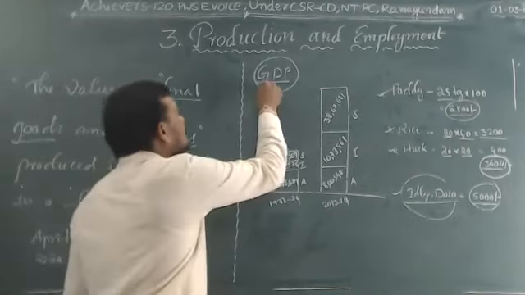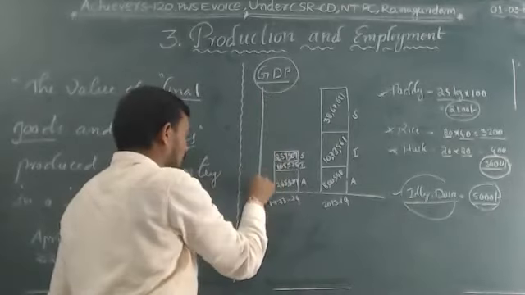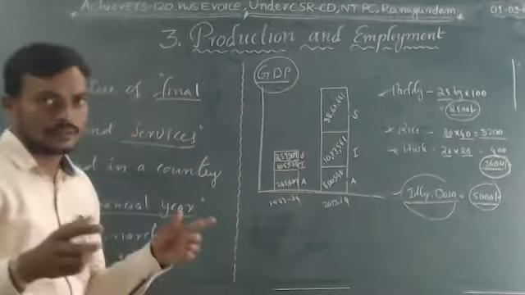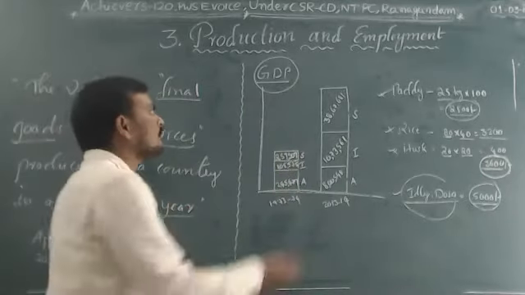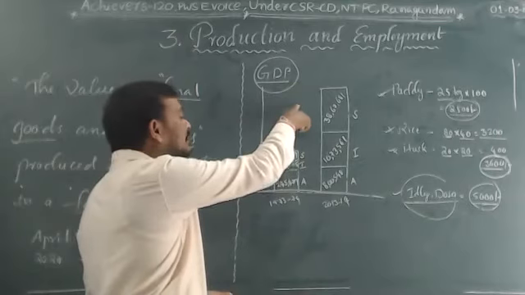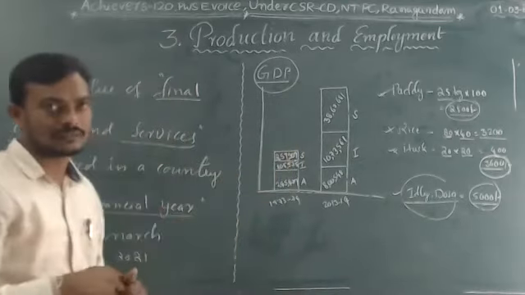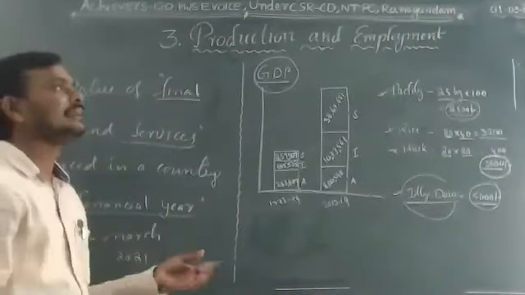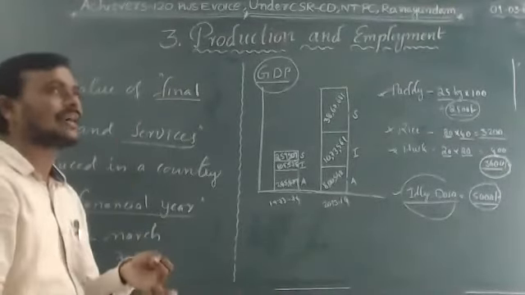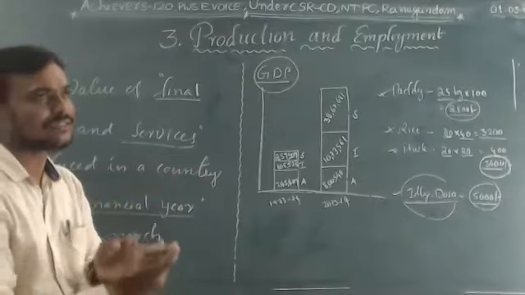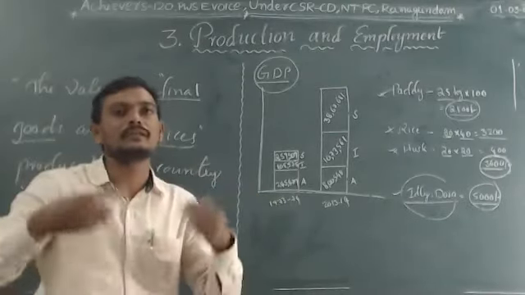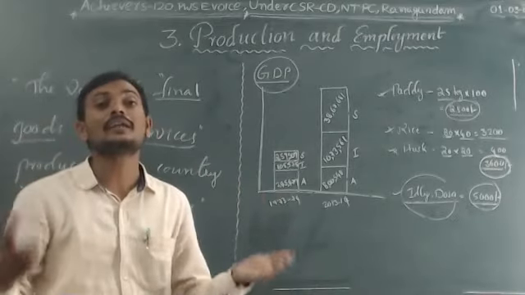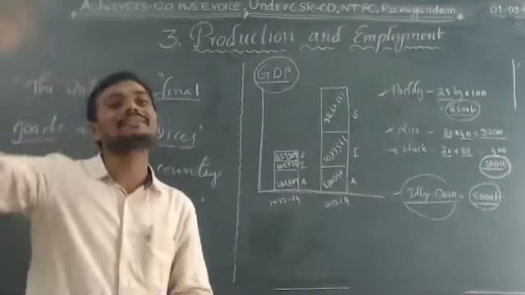Next, there is a bar diagram given. This bar diagram represents the gross domestic product of three sectors. As you well know, the three sectors of the Indian economy are: the primary sector, secondary sector, and tertiary sector. Clear? These three sectors produce various kinds of goods and services and also generate income for the nation.